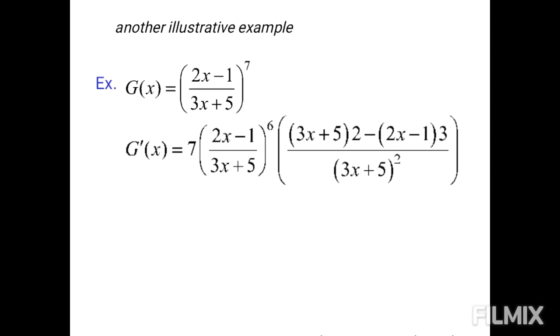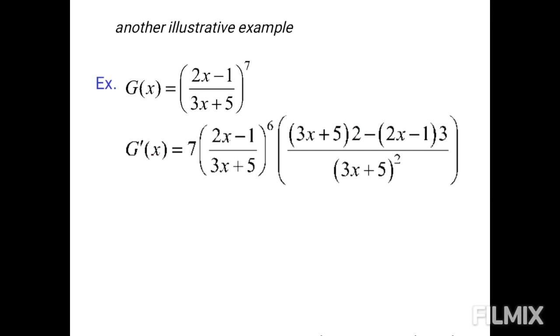So we multiply it to our given data. That's why we have 7 here, multiplied to the quantity 2x minus 1 all over 3x plus 5 raised to 6. We only have 6 here because we deduct 1 from the exponent 7, and then multiply to the derivative of the given function.